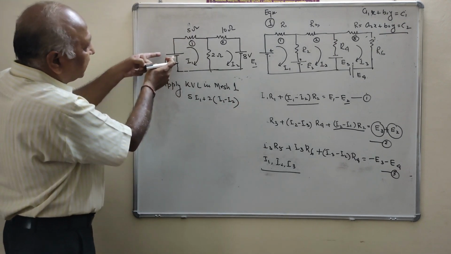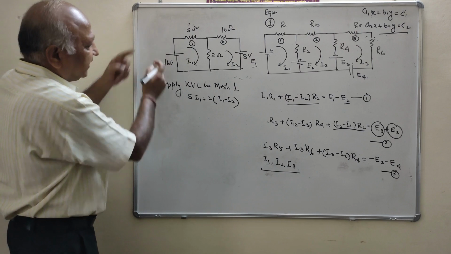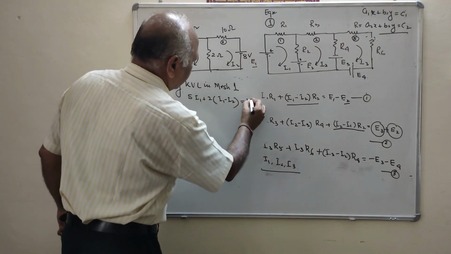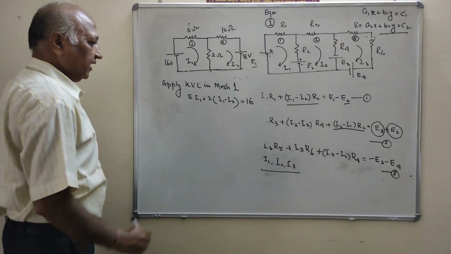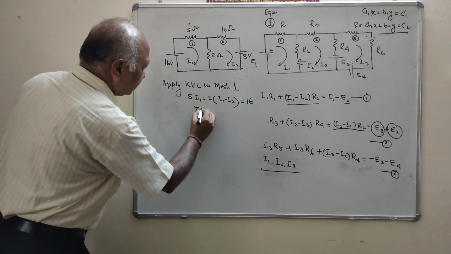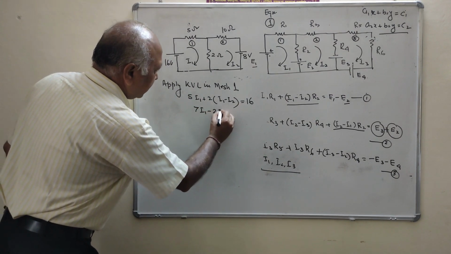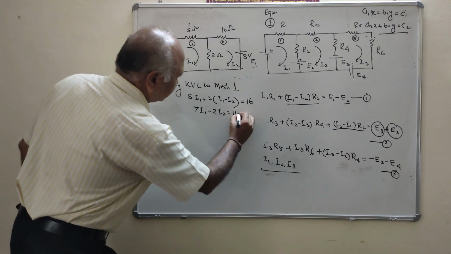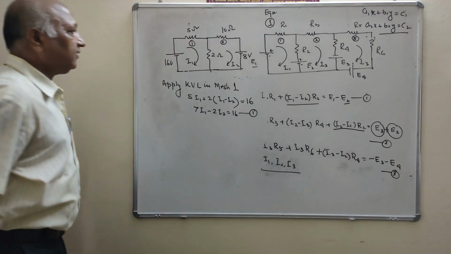Here the current is going from negative to positive, and it will be 16. Clear? Or you can say it is 7I1 minus 2I2 that is equal to 16. This is equation number 1.